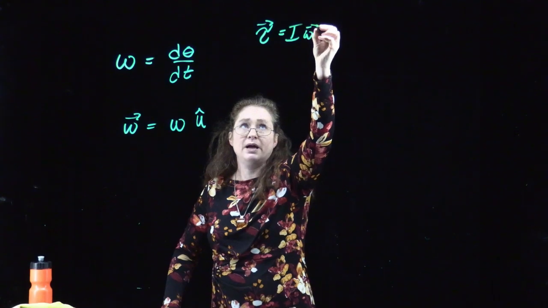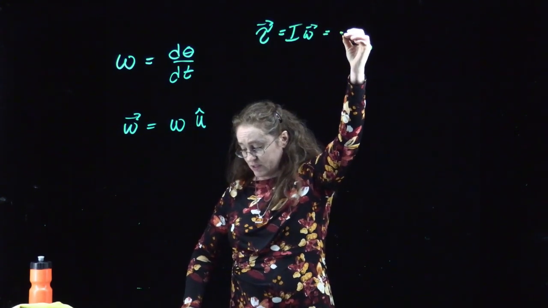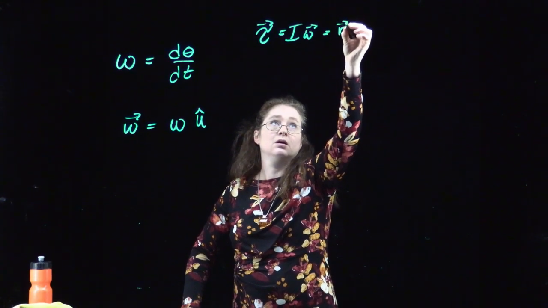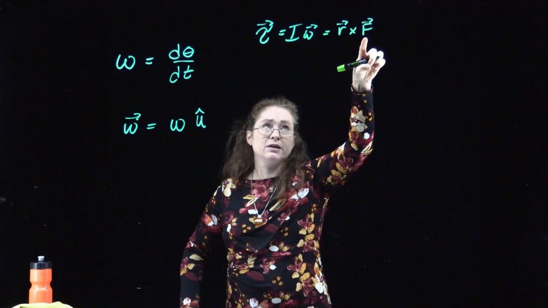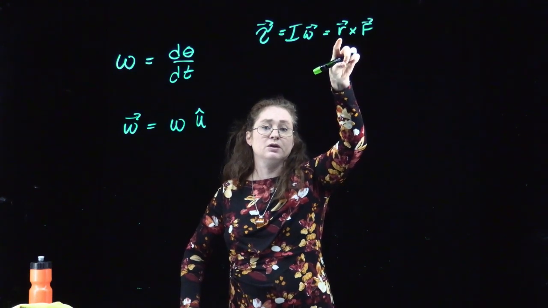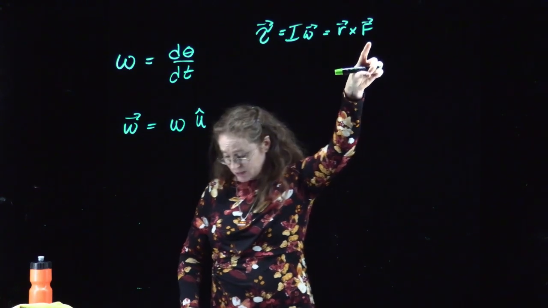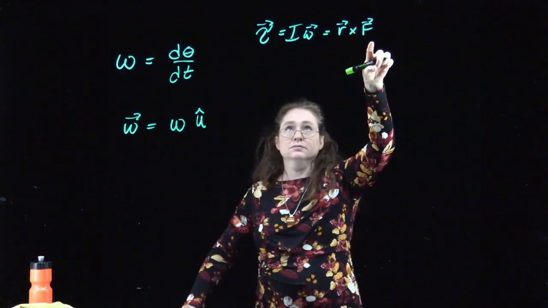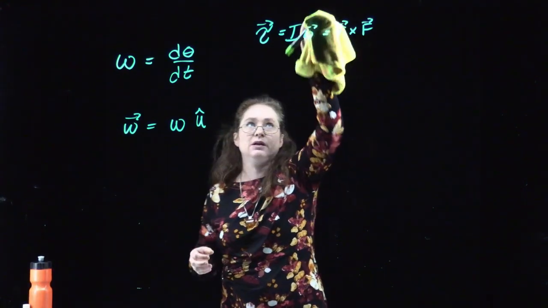I omega, which is R cross F. This is the force creating the rotation. This is the moment arm between the axis of rotation and where the force is applied. Sorry, this is not I omega, this is I alpha.